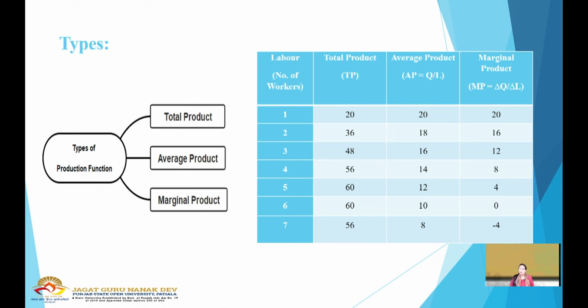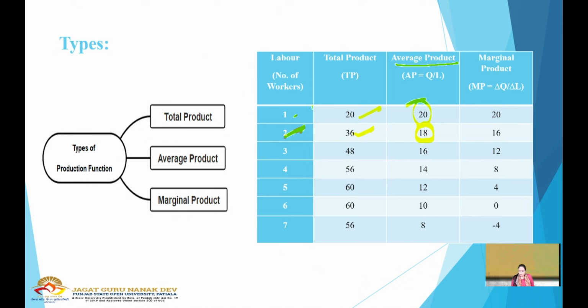Average production is total product divided by labor. So 20 divided by 1 is equal to 20. This is the average product. Next it's 36 divided by 2, which is 18. So this is Q divided by L, that means total production divided by labor.